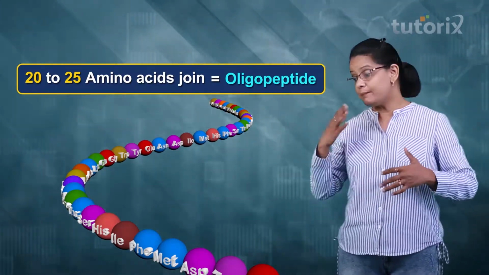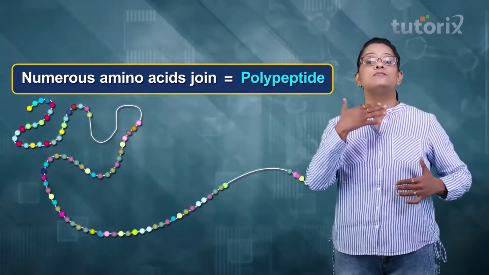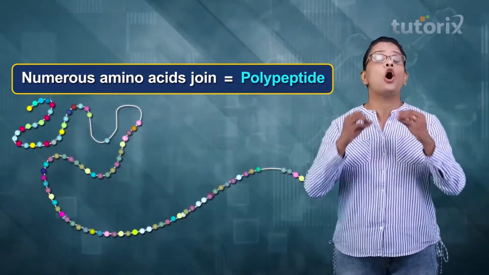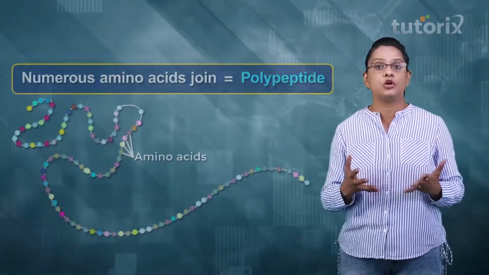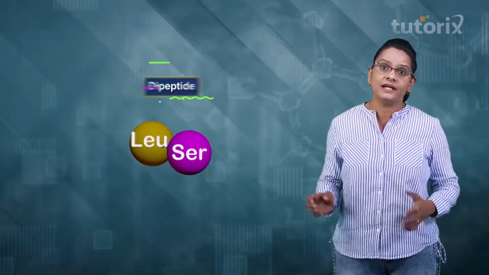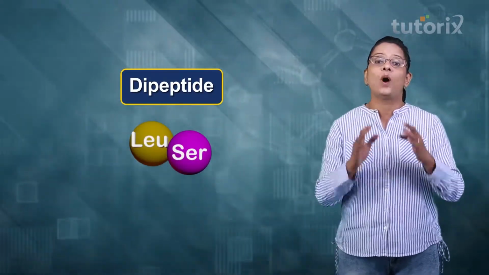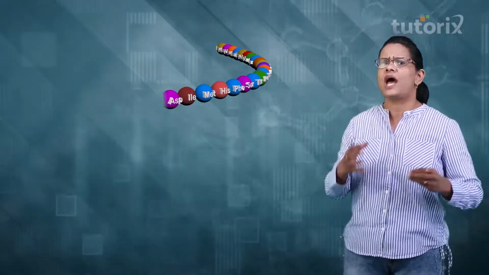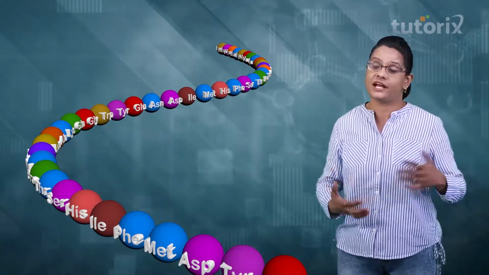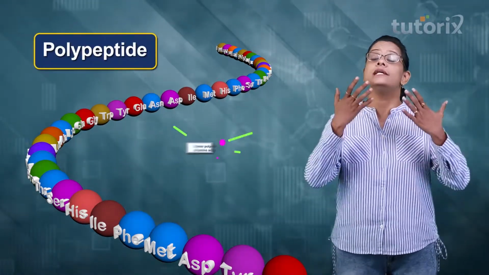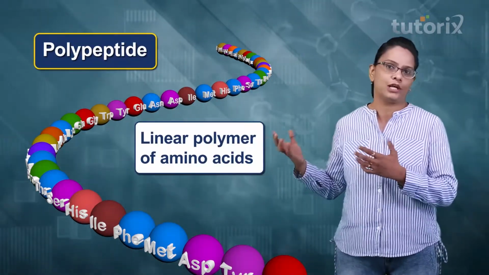And then comes the polypeptide. Guys, a polypeptide has many or numerous amino acids which are joined together. So, the smallest peptide is the dipeptide, while you keep adding amino acids as many as possible to the dipeptide and you will get a polypeptide, which is the linear polymer of amino acids.